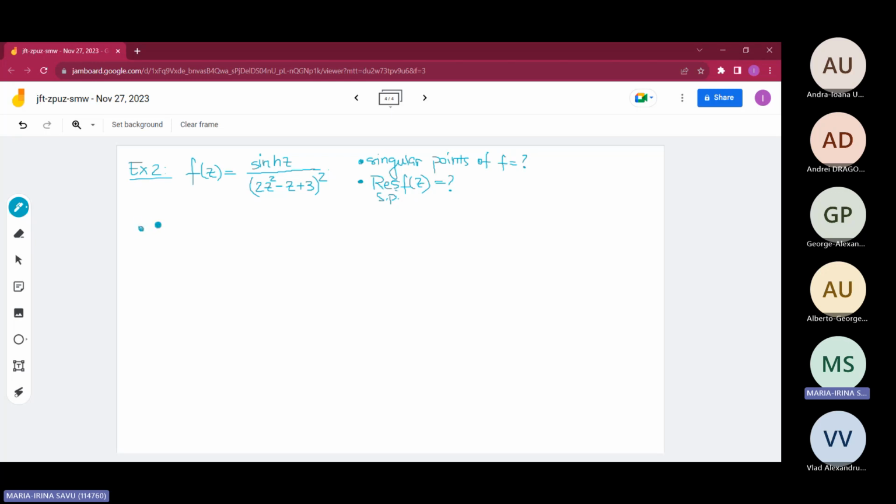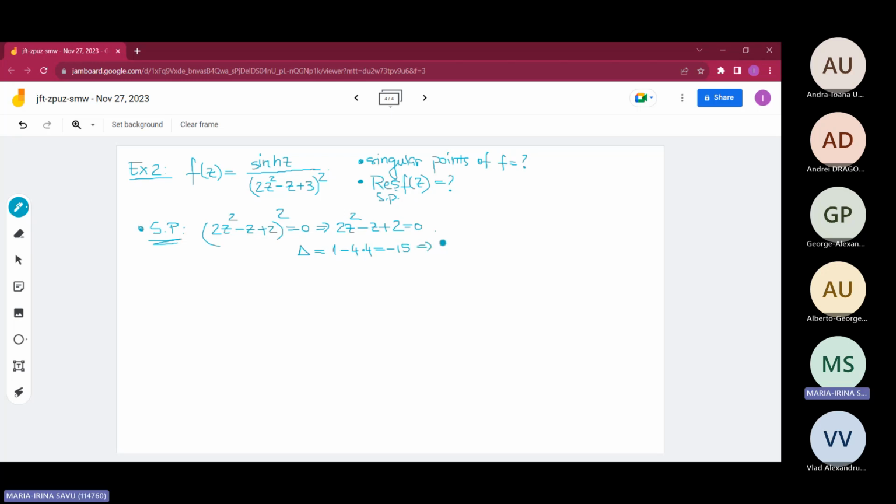Let's start by finding the singular points, denoted here by SP. When I'm trying to find these points, I'm actually solving the equation denominator equals 0. So from here I have that 2z squared minus z plus 2 equals 0. We compute the discriminant: 1 minus 4 times 4 here is minus 15.